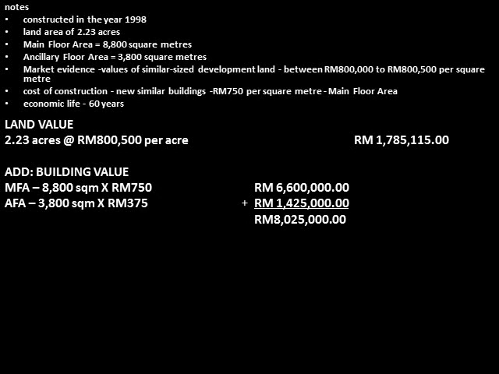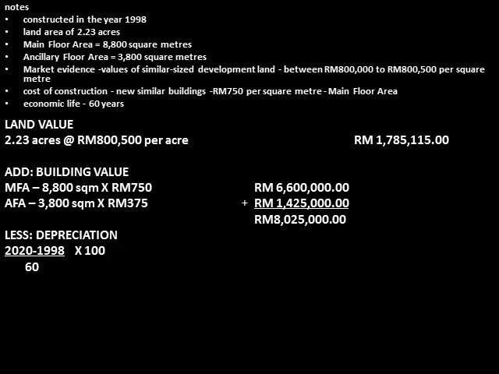But we are not done yet, because the next process is to calculate the depreciation, and then we need to deduct it from the building value. As mentioned before, we commonly use the straight line method, physical age divided by economic age.